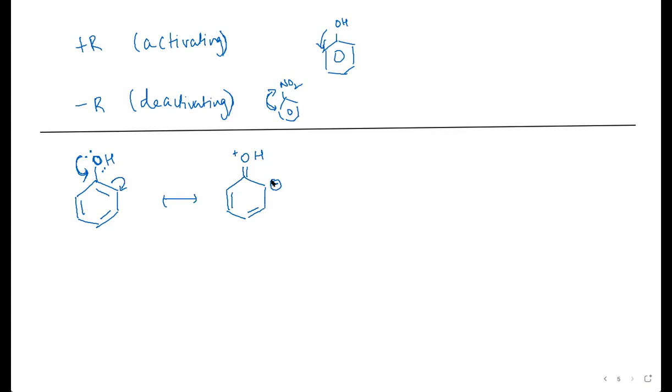Then obviously there is a negative charge on the extra carbon, so these electrons get pushed over here and these migrate over here. So the next resonance structure is OH plus, and this forms a double bond and the negative charge migrates over here. This is unchanged, and these electrons keep moving throughout the circle in a similar way.